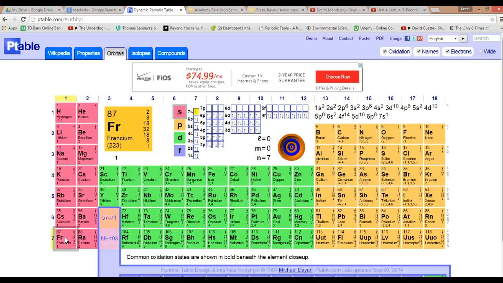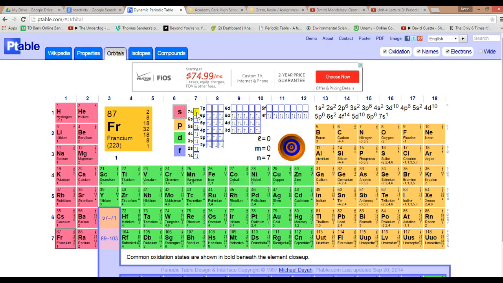If we look at its orbital filling diagram, so I'll click on francium, its last filled s and p orbitals are the 6s and 6p. It only has one more electron after the 6s and the 6p were filled. That's this one up arrow, and that's keeping it from being stable, right? So it really doesn't want any more electrons. It actually wants to get rid of this electron.